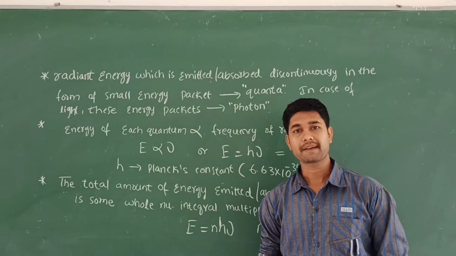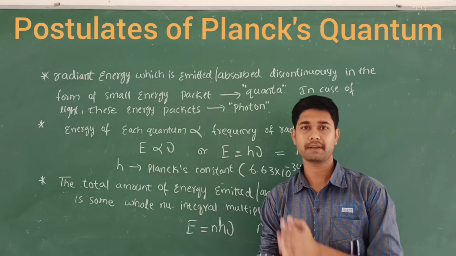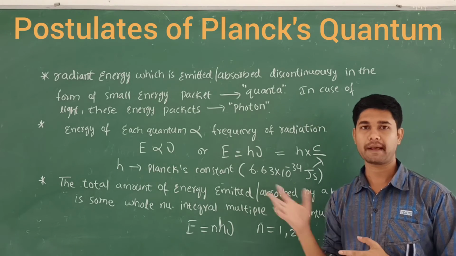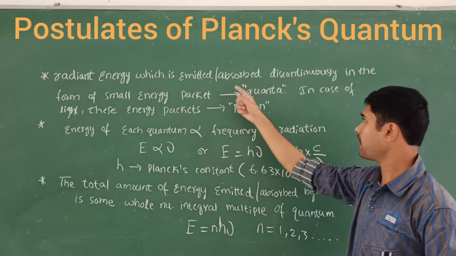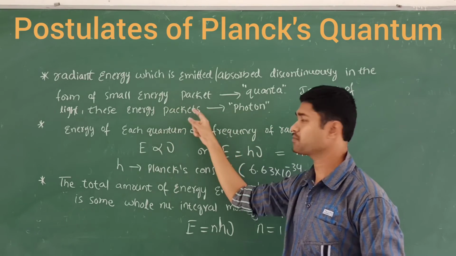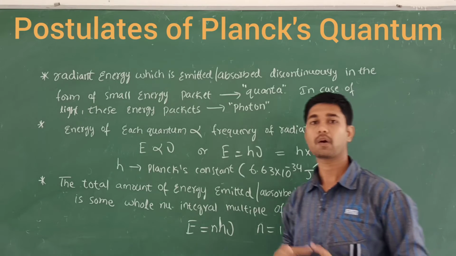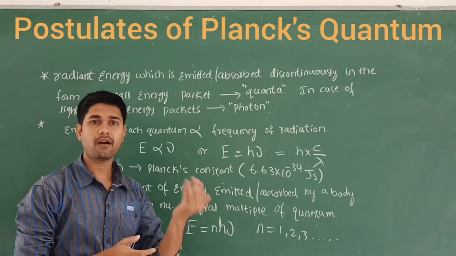According to Planck's quantum theory, electromagnetic radiations are made up of particles. Let's discuss some main postulates of Planck's quantum theory. The radiant energy which is emitted or absorbed discontinuously in the form of small energy packets is called the quantum.